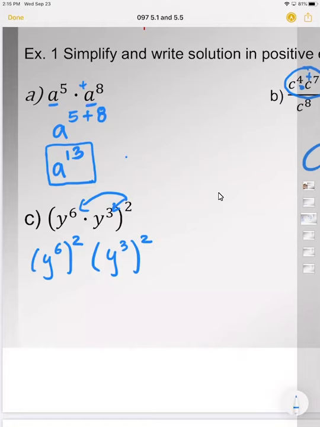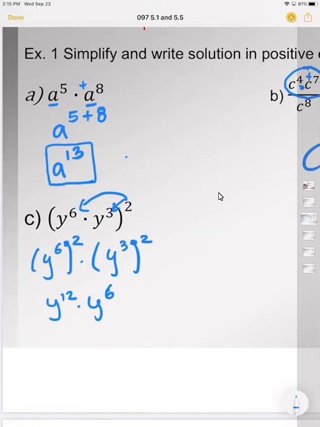And if I distribute the exponent in, as you can see, basically 6 raised to the 2nd power, that's telling me that I need to take the 6 times the 2 to give me 12, and 3 times the 2 to give me y to the 6. Agree? And again, same thing. We still have multiplication here, it hasn't changed.